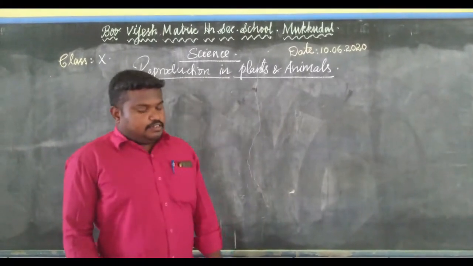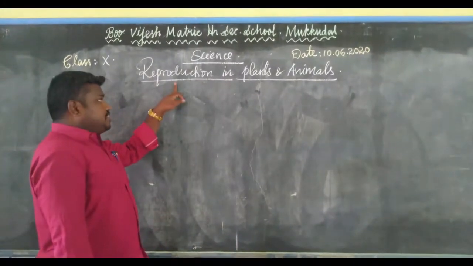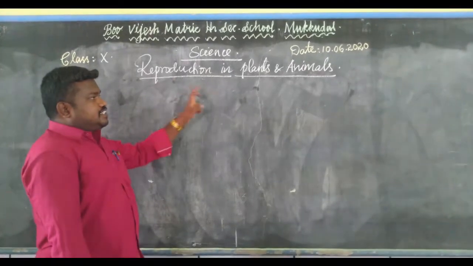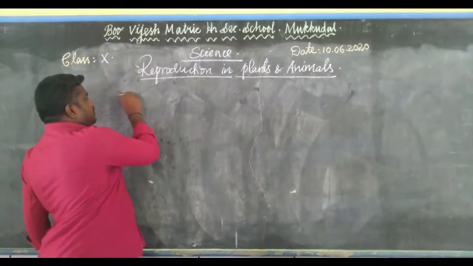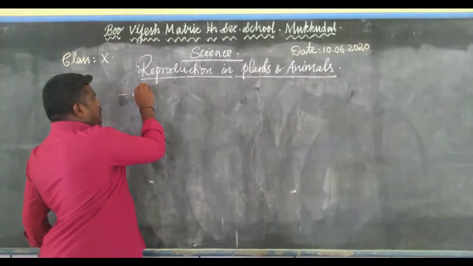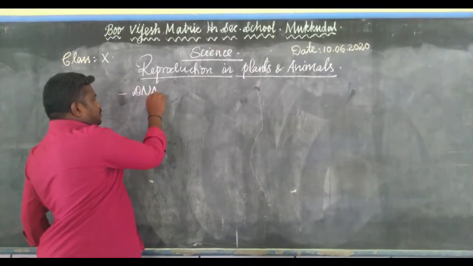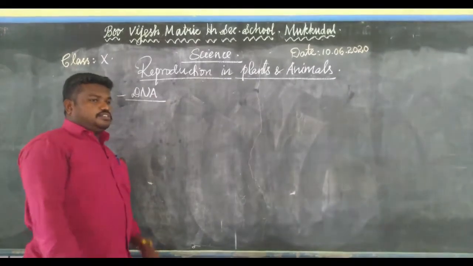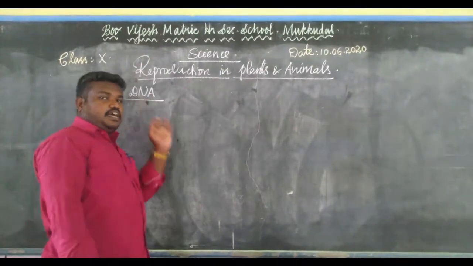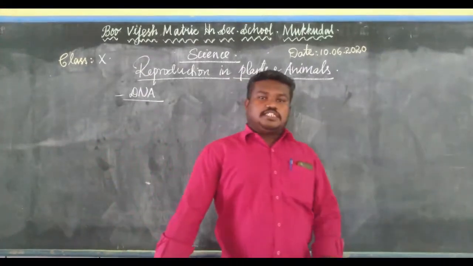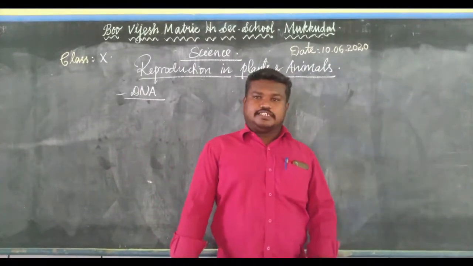Okay. Then in reproduction, which one carries the genes from one generation to another generation? This is the DNA. The DNA carries the genes from one generation to another generation.